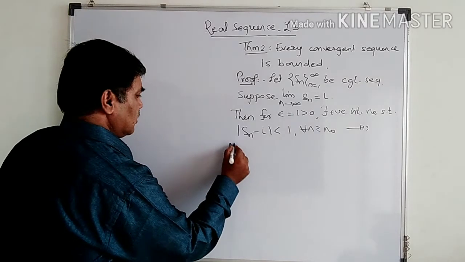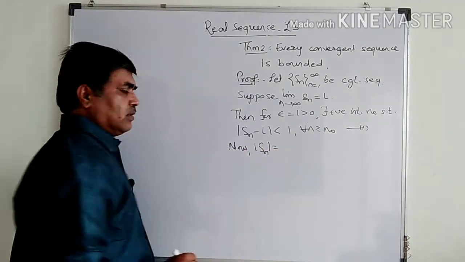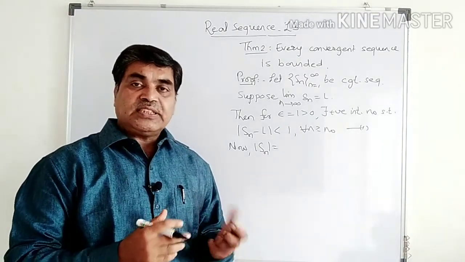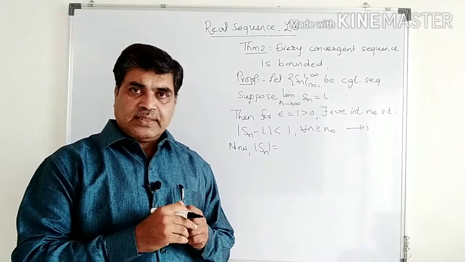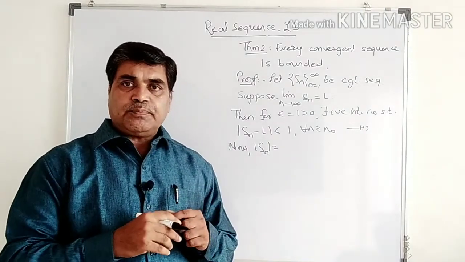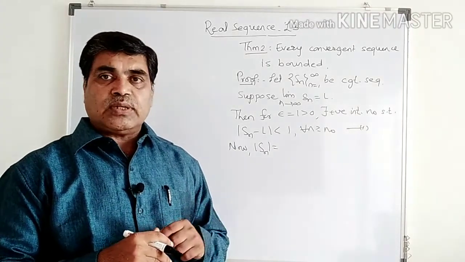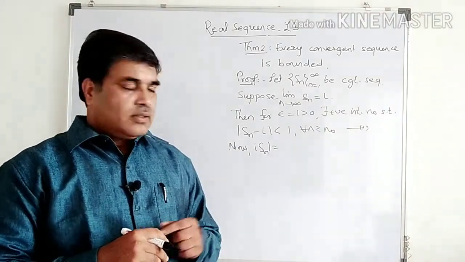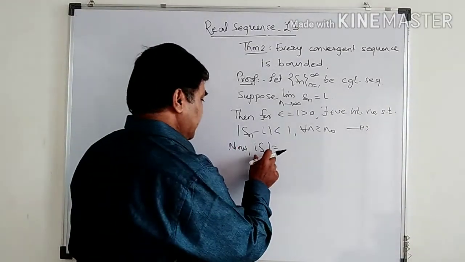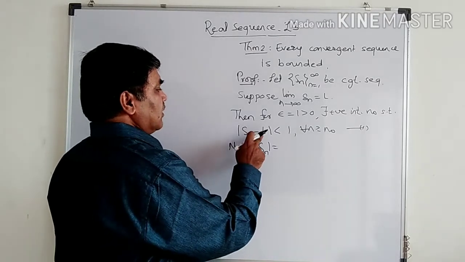Now, mod of Sn. I have to show that Sn is bounded, meaning Sn lies between two fixed real numbers. If mod Sn is less equal m for a fixed positive real number m, then minus m is less equal Sn less equal m. We will get a lower bound and an upper bound. So I take mod Sn and relate it via the limit of the sequence.